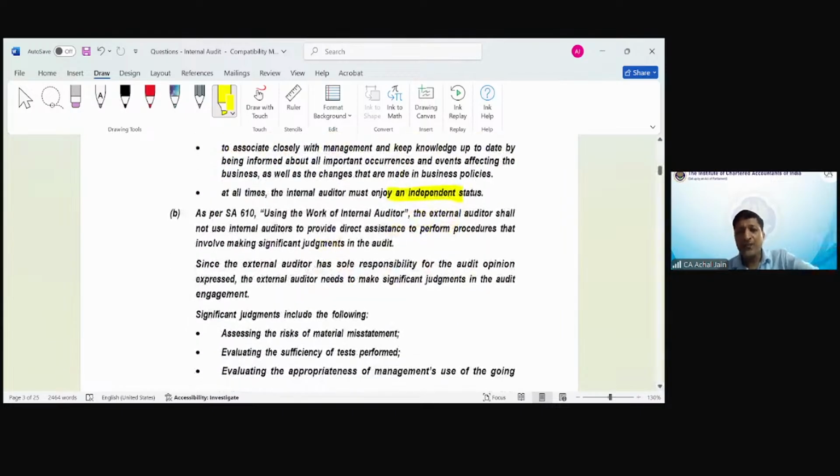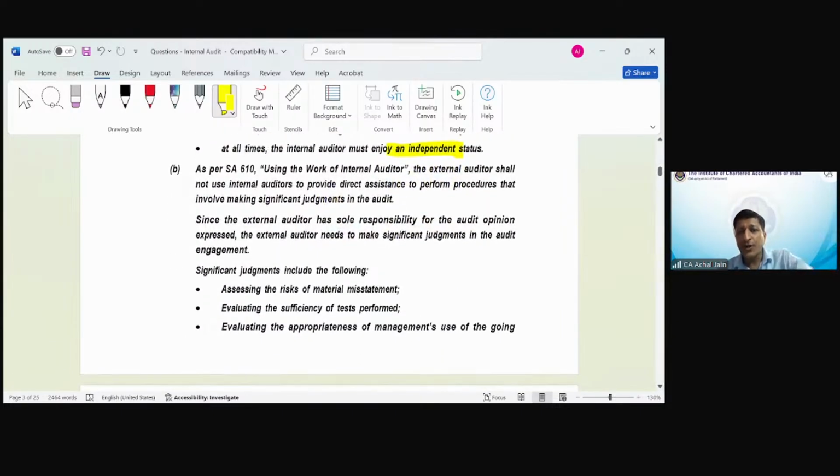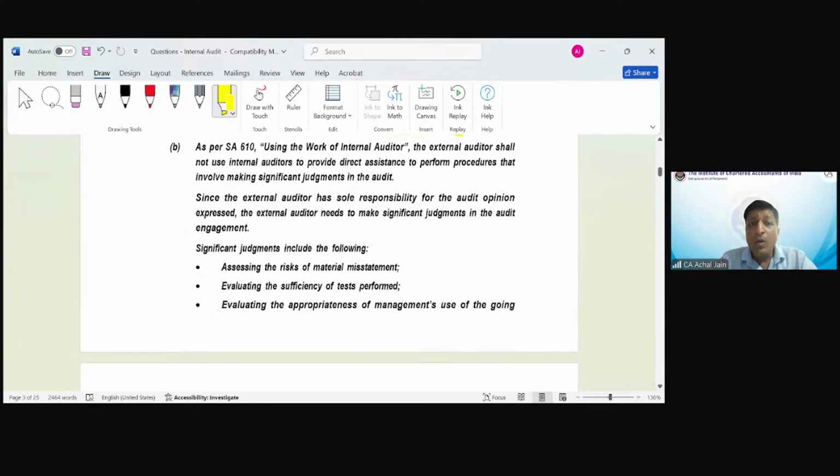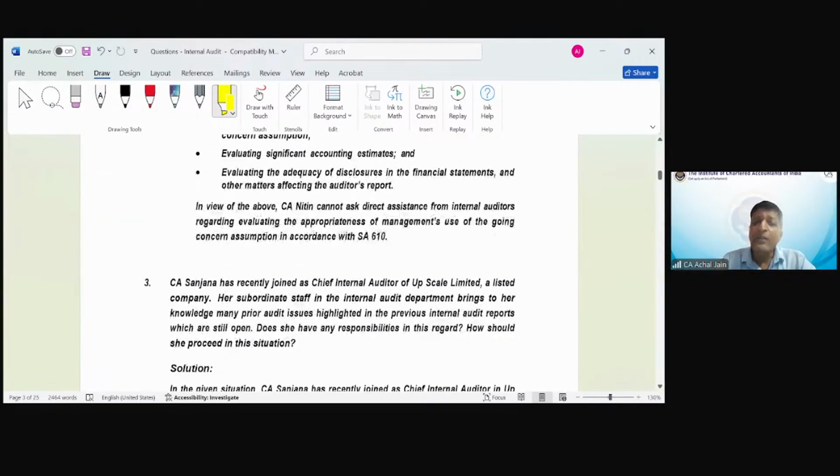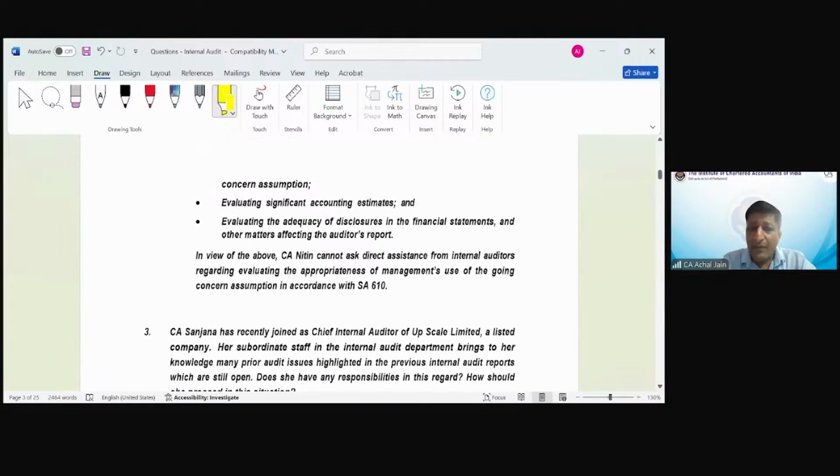Now, as far as the statutory auditor is concerned, the expectations he has: the statutory auditor has the sole responsibility for the audit opinion. That is the most important part we need to understand. For doing that, a lot of procedures will be planned by the statutory auditor.